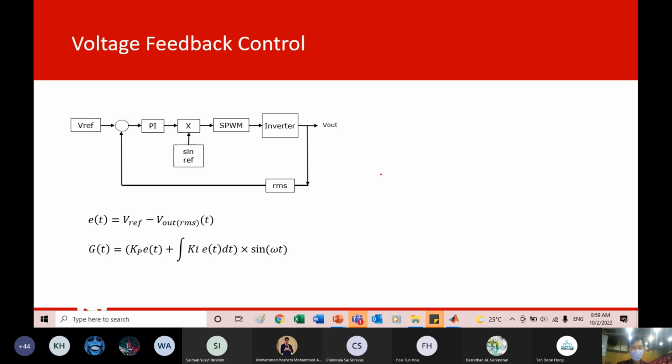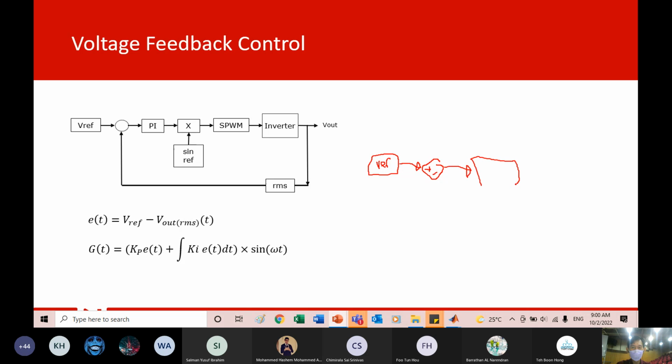Now, if you look at this, I'm not sure if it's familiar to you. If it's not, maybe I will show you again what you all saw in your control system class. Your control system class will show you a reference coming in with a circle where plus, minus, going out.